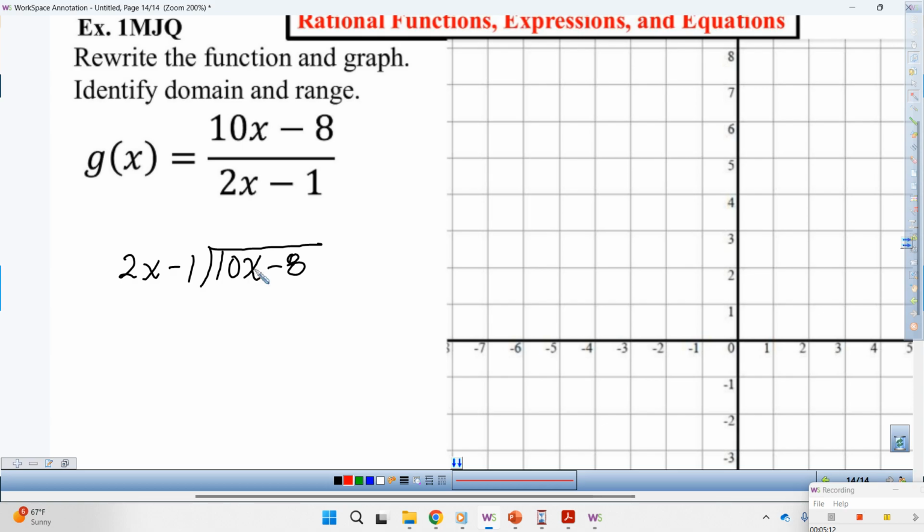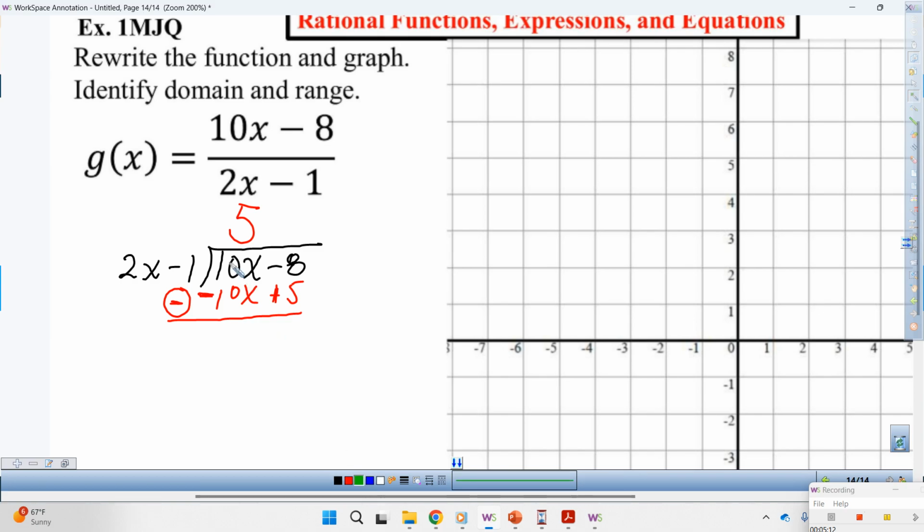All right, help me out. Joseph, what number times 2x gives me 10x? 5. So 5 times 2x is 10x. 5 times negative 1 is negative 5. And once again, guys, avoid this mistake. We need to subtract. So when you circle it, remind yourself to distribute here and here, because last time I saw some of you make that mistake.